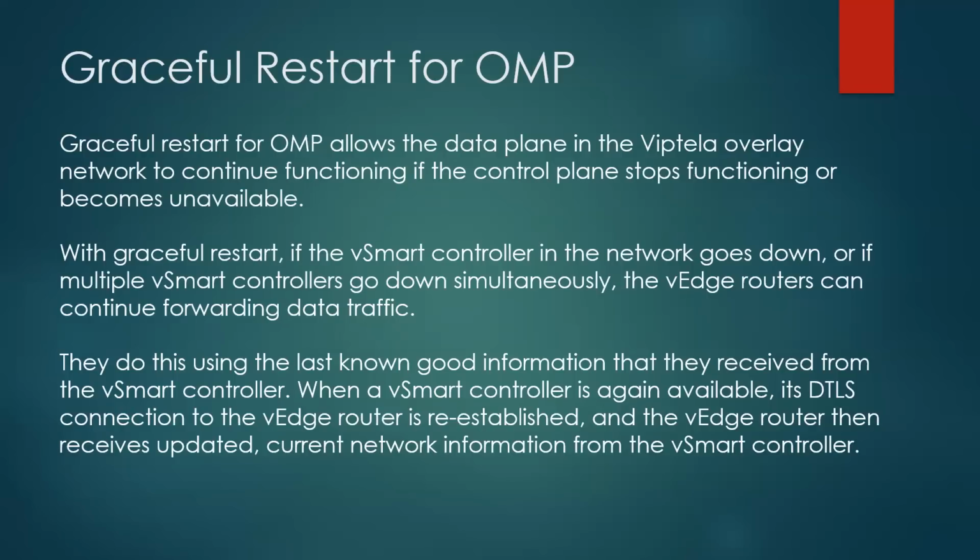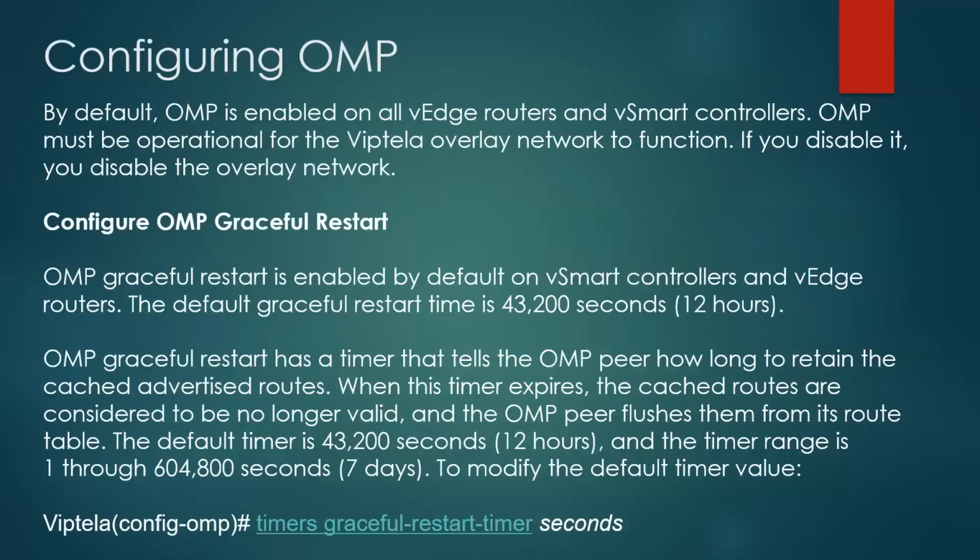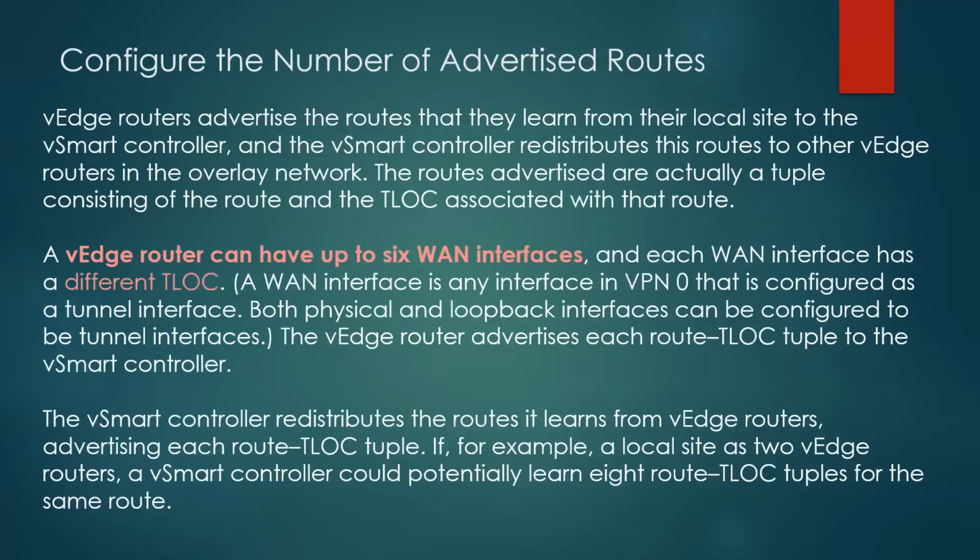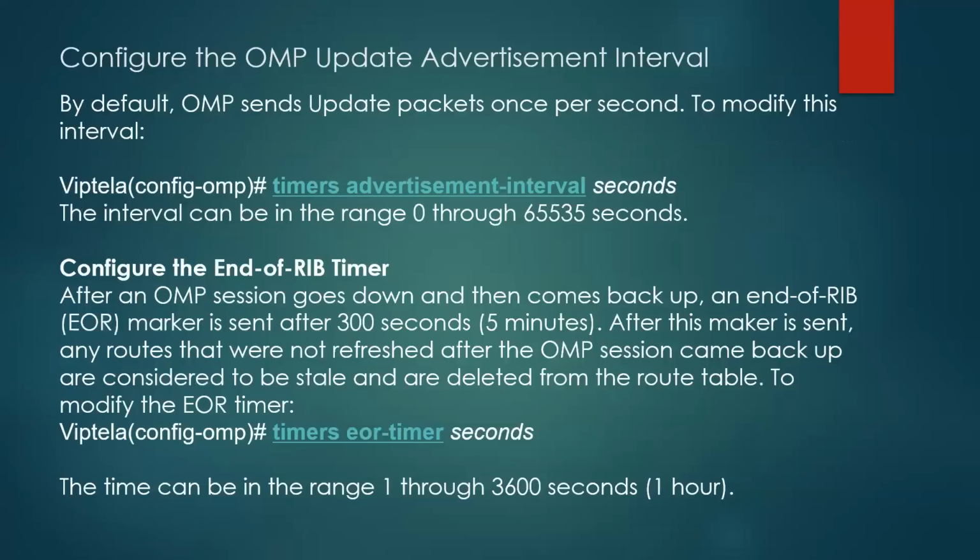But what will happen when your control plane becomes active? After some time, now your control plane is up and running. So what will be the state of the data plane devices? In that case, the vSmart will send an EOR packet, end of RIB.